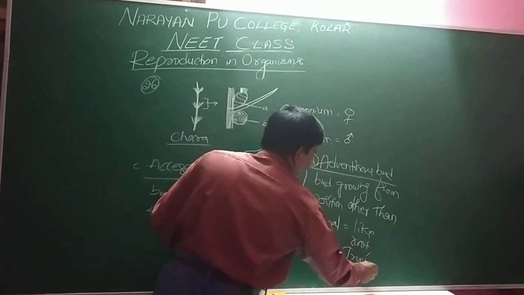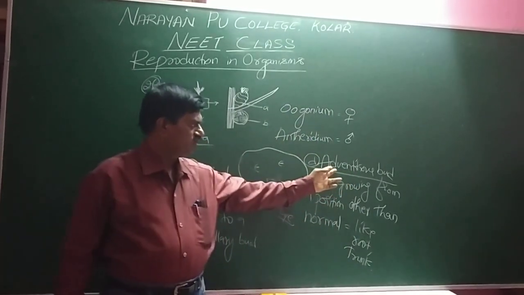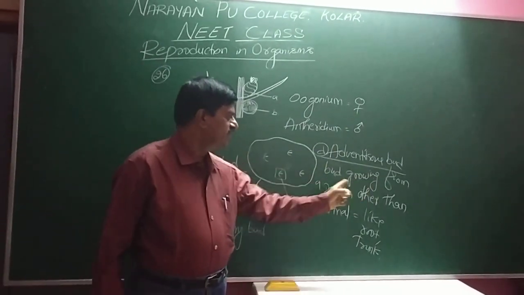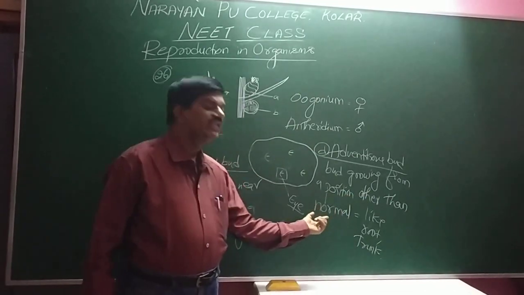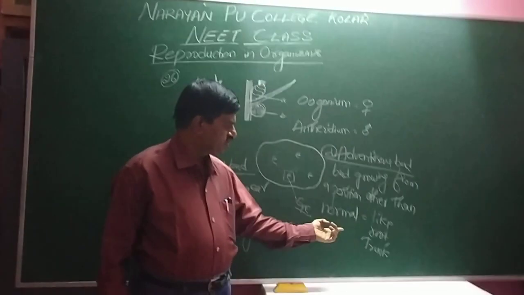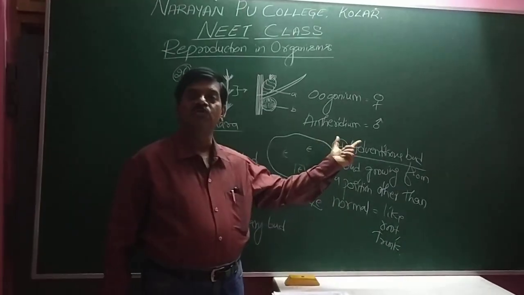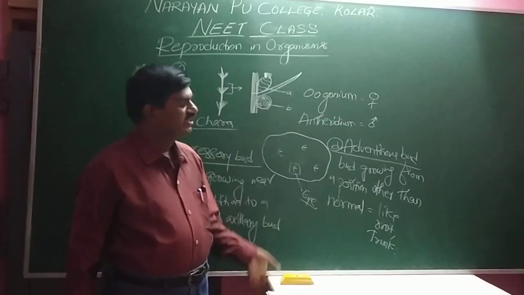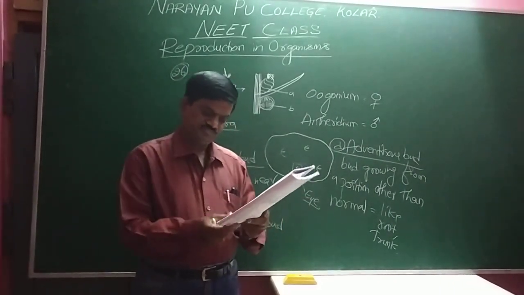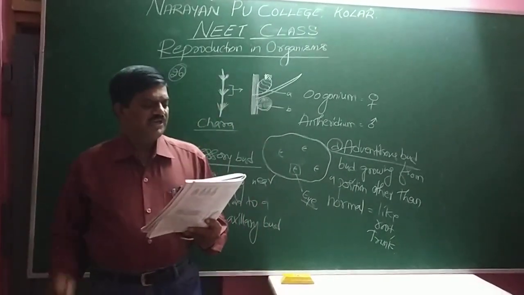I repeat this in case you are asked a 1 mark question. What are adventitious buds? The buds growing from positions other than the normal positions, like roots or the trunk. For that we use the word adventitious bud. But this is not the answer. The right answer is the second option, axillary bud.